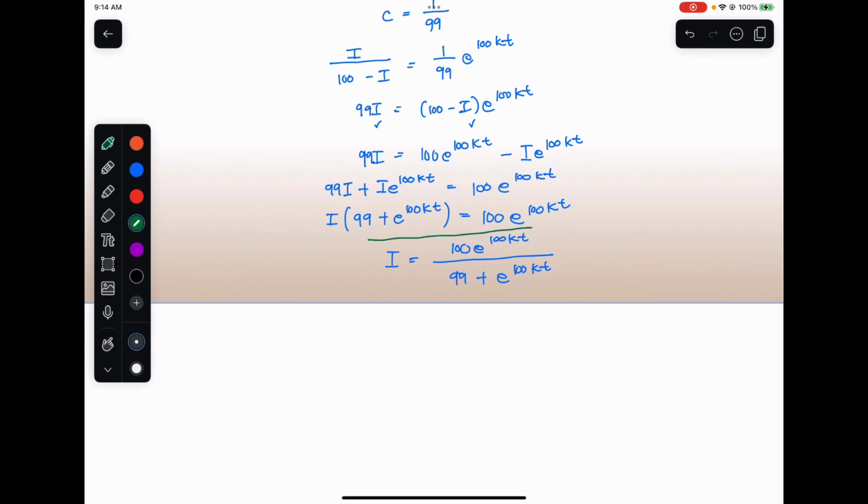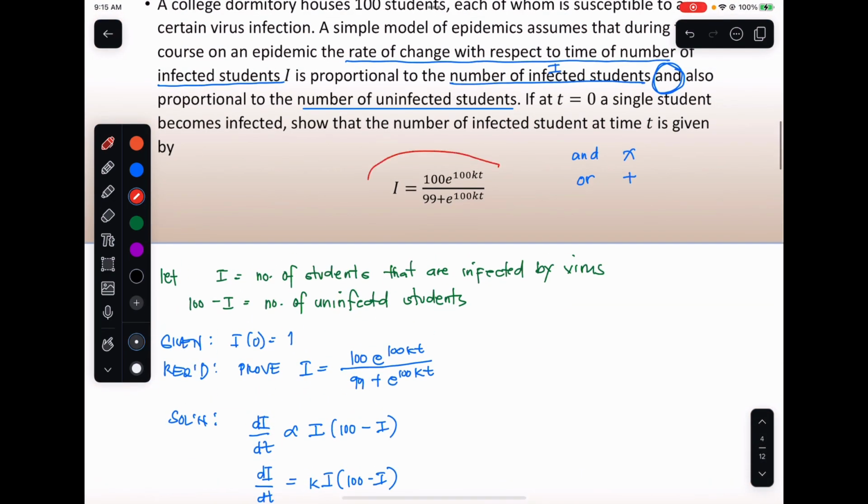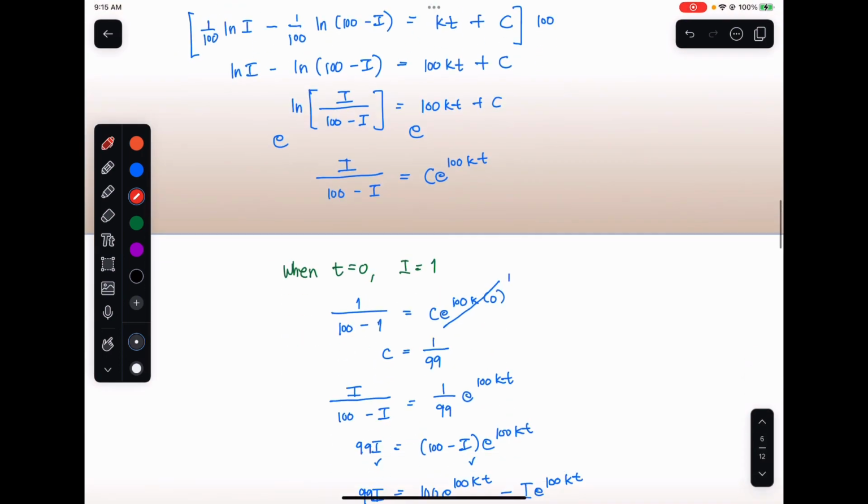And that was our task, which is to prove that I is equal to 100 e raised to 100 kt over 99 plus e raised to 100 kt. Which is this one. And we can already use this working equation.